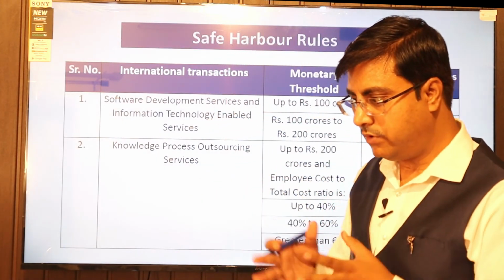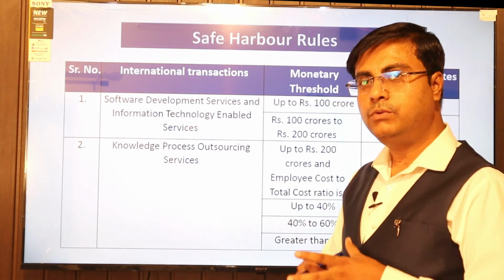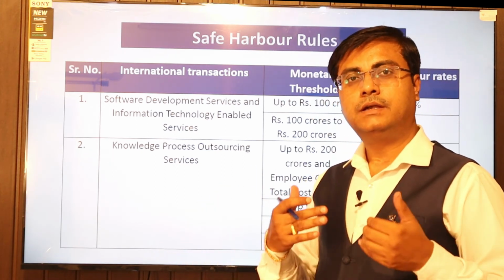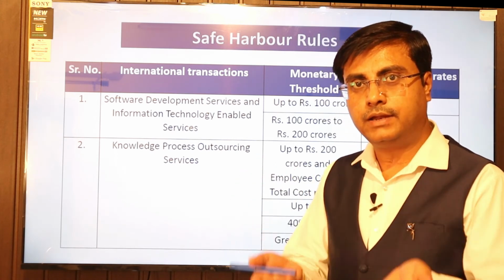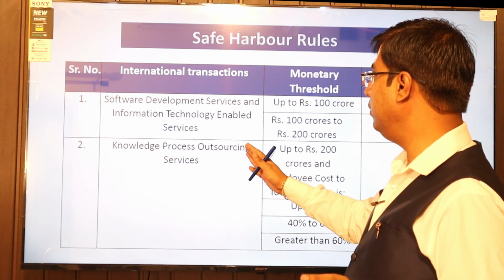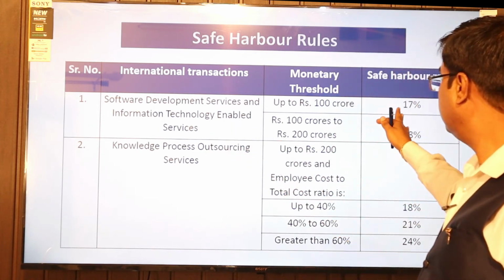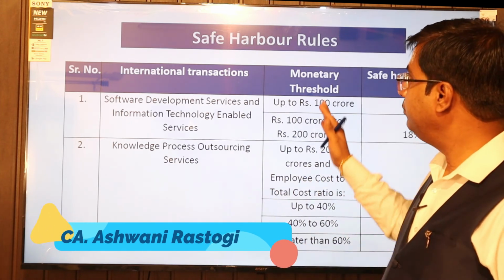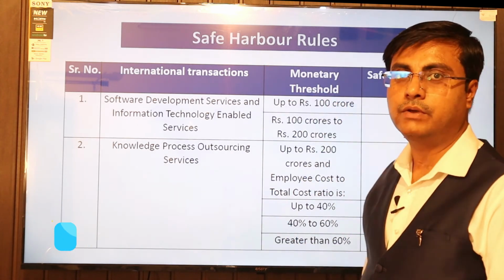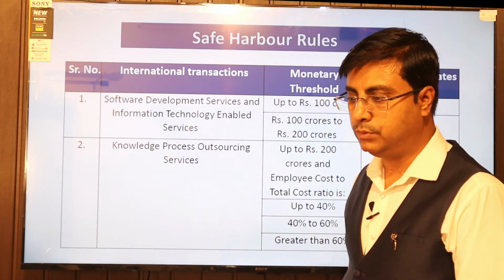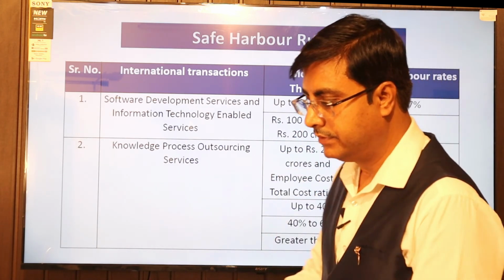So what is a safe harbor rule? Safe harbor rule, in the same way as presumptive taxation, the department has given a prescribed rate in respect of each industry. Suppose you fall in KPO, ITES service, you apply this rate, then we will not touch upon anything. But before you choose the safe harbor rule, you have to file an application that the AO will approve.